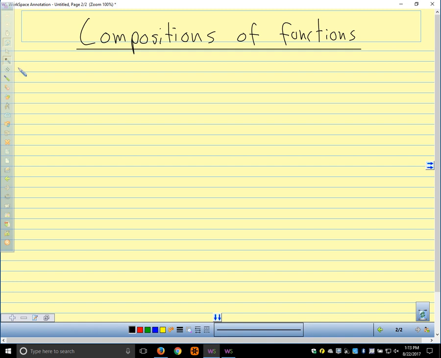Plugging functions into each other. So I'm going to say a function into a function. We call that a composition.